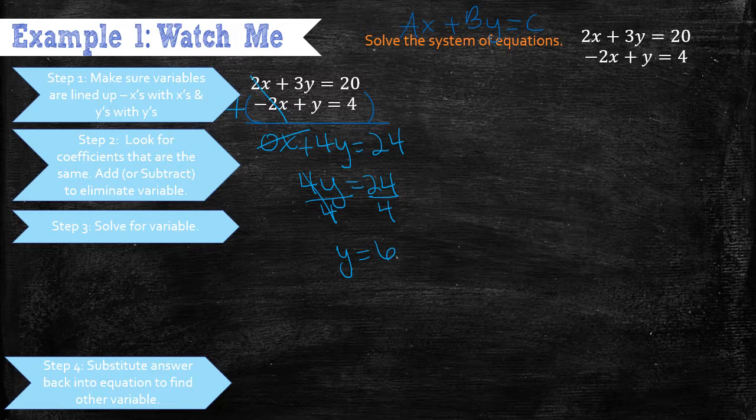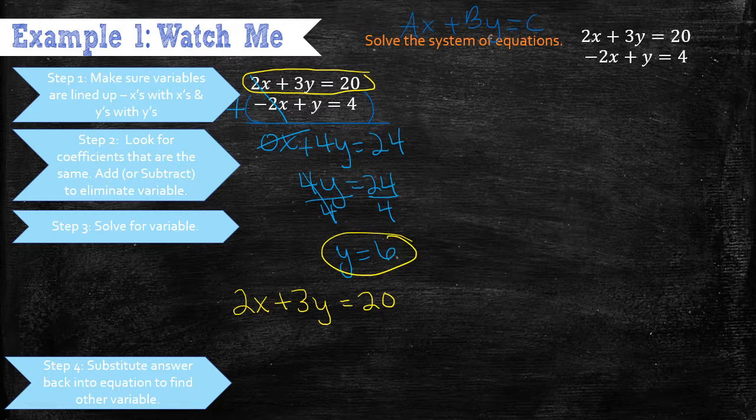Now, once we've found one of our variables, in this case we found y, we need to go back and find x. So what we're going to do is take one of our equations, it doesn't matter which, I'm just going to pick the top one. I'm going to rewrite it here. And I'm going to take the variable that I just solved for, and plug that variable into my equation.